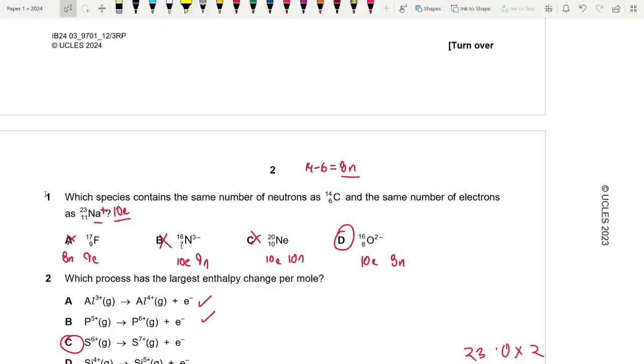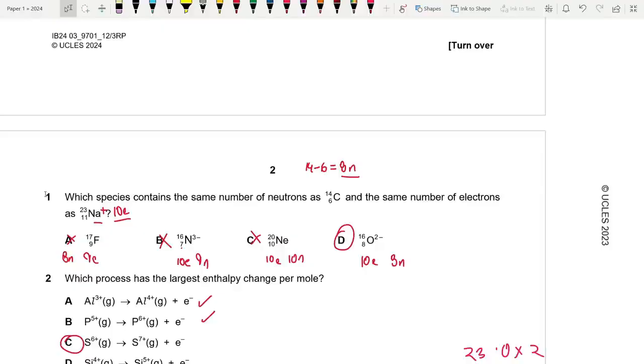We get 8 neutrons. And the number of electrons for sodium: sodium has a proton number of 11, but since it's a cation, we are going to lose 1 electron. So it has 10 electrons. So we're actually looking for a species with 8 neutrons and 10 electrons.